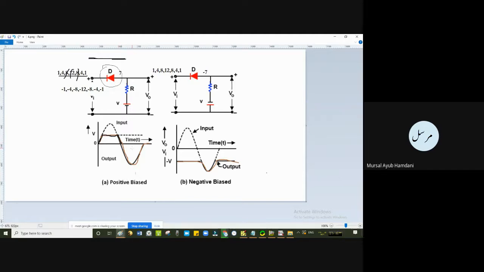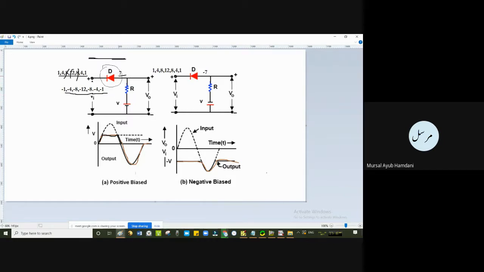Now what about the reverse bias condition? You see this 7 is always fixed at the positive side of the diode. Now for the negative cycle of the input, I have assumed these values going below 0: -1, then -4, then -8, and -12 maximum, and again back to 0.